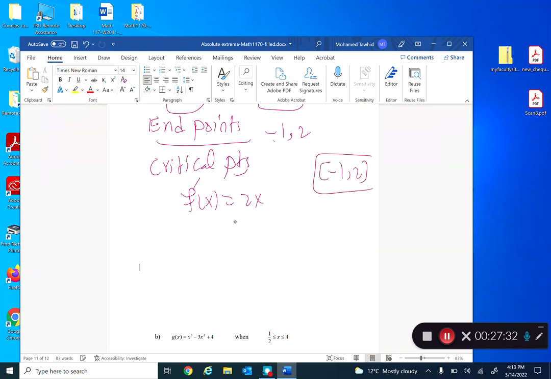So now, do we have a singular point? I have to figure that out. Critical point includes singular point. So the answer here is no, we don't have a singular point. Why?